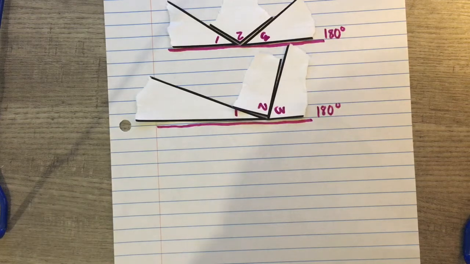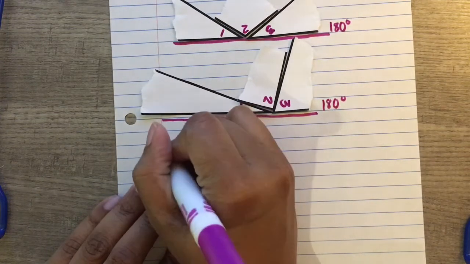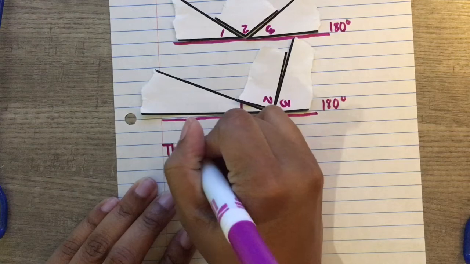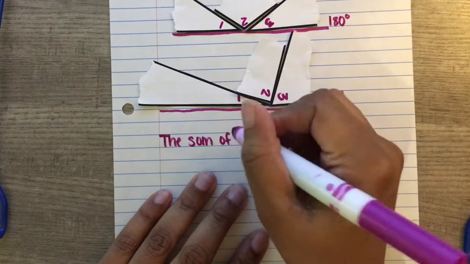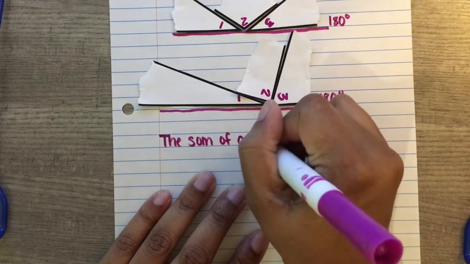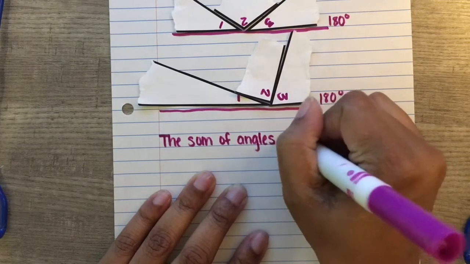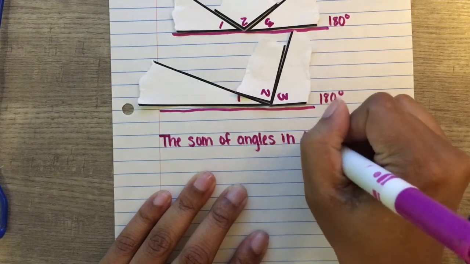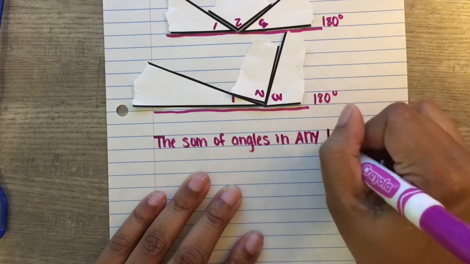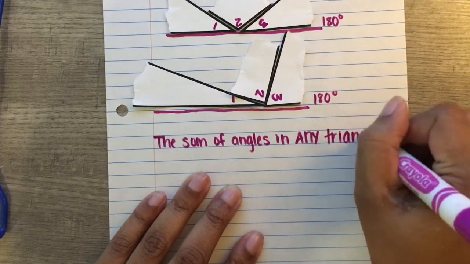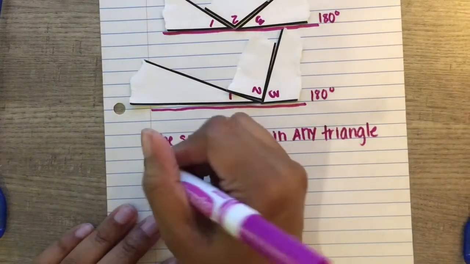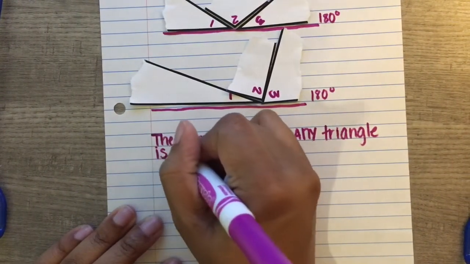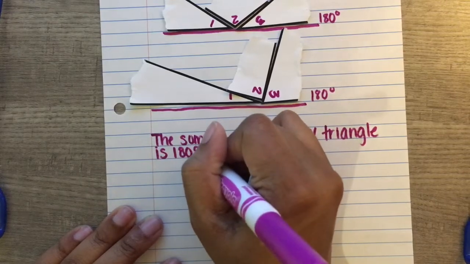All right, so what does this mean? It means that the sum of angles in any triangle is 180 degrees.